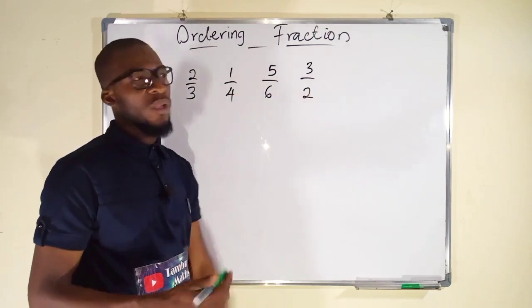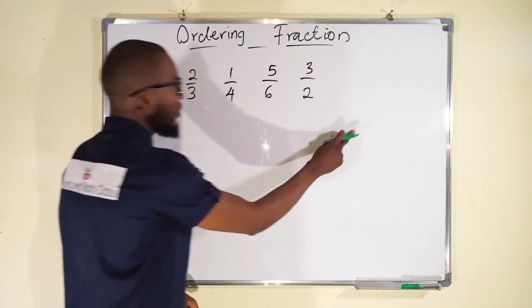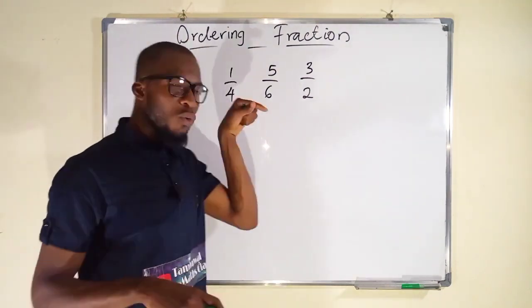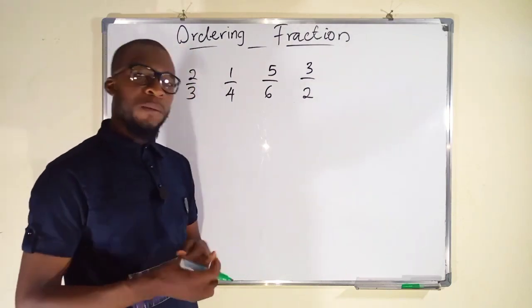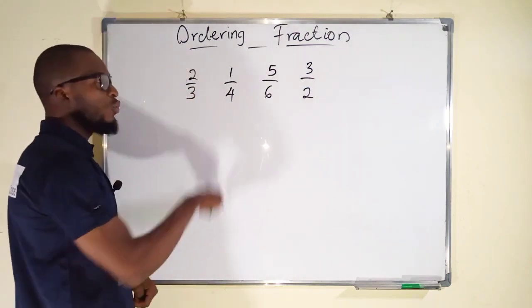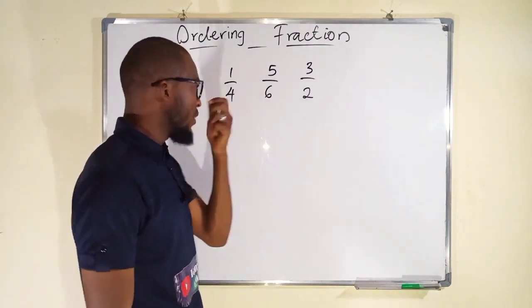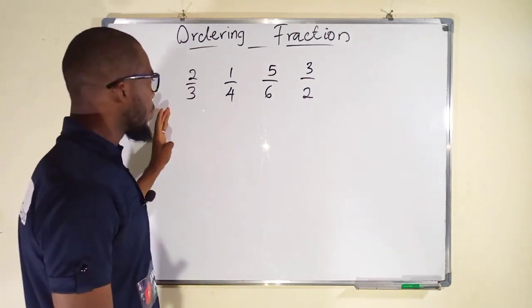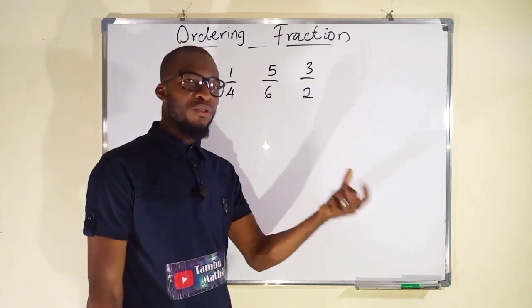The LCM of these denominators is the smallest number which all of them can go into without remainder. And that LCM is 12, because we have talked about LCM in our previous lesson. 3 can go into 12, 4 can go into 12, 6 can go into 12, likewise 2 can go into 12.